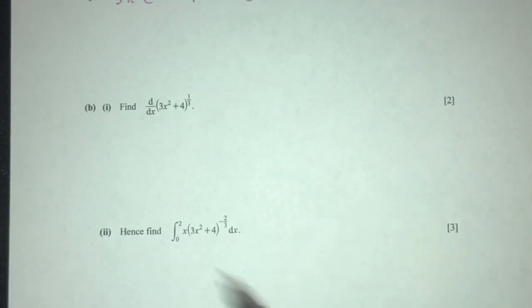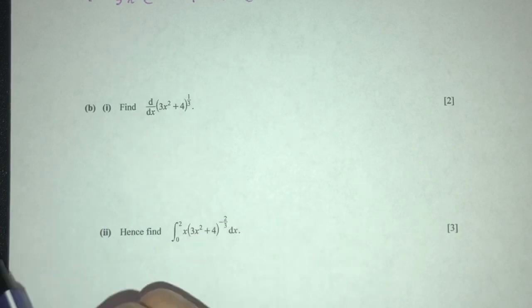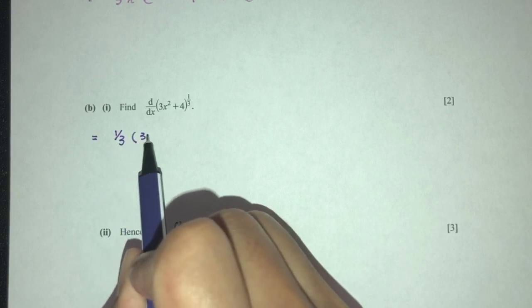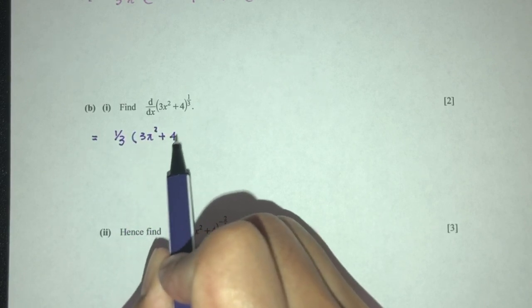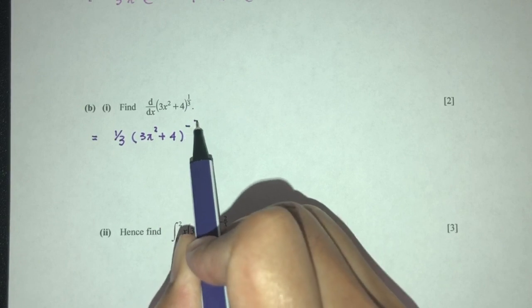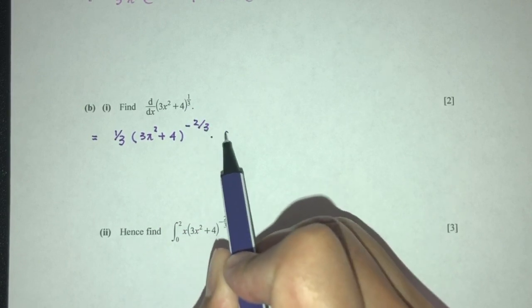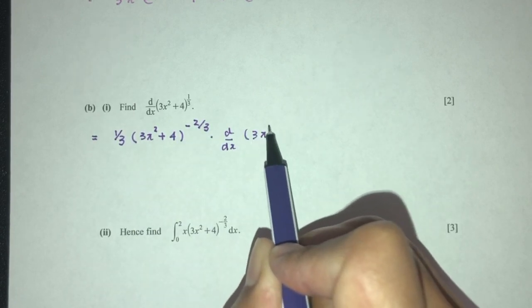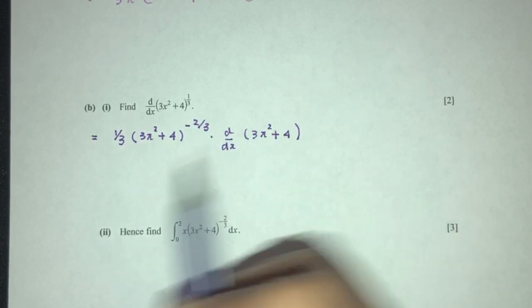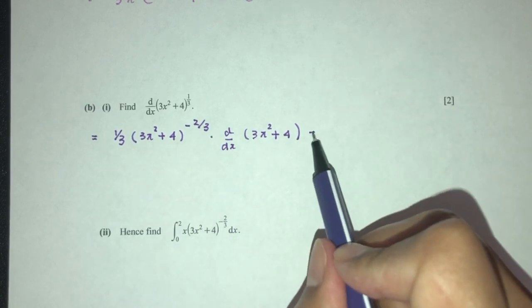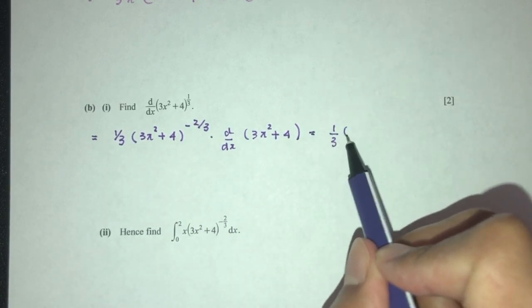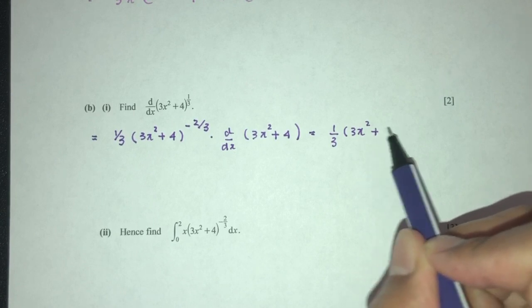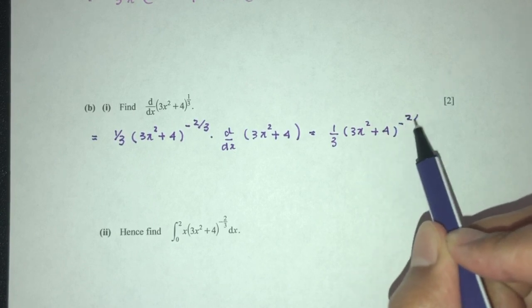Now, for part B, again, we have to differentiate this one. So step by step. First thing first, we have to multiply by the power. That should be 1 over 3. And then we have to minus 1 from the power. That should become minus 2 over 3. Then multiply by d by dx of the value inside. That will be 3x squared plus 4. That will give you 1 over 3, 3x squared plus 4 to the power minus 2 over 3.